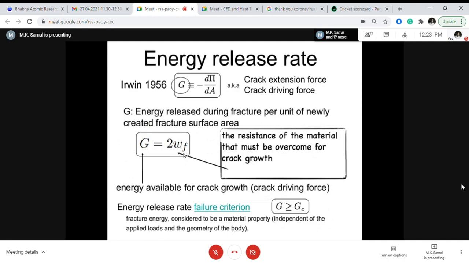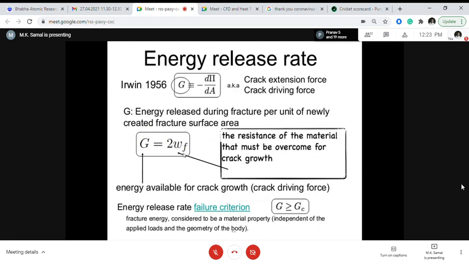For example, Griffith saw that for a brittle material like glass, once the crack propagates, the energy required for the material remains constant. Gamma is the energy per unit area. Suppose the thickness is 1 mm, and for the crack to propagate 1 mm you require certain energy, let us say 10 joules.